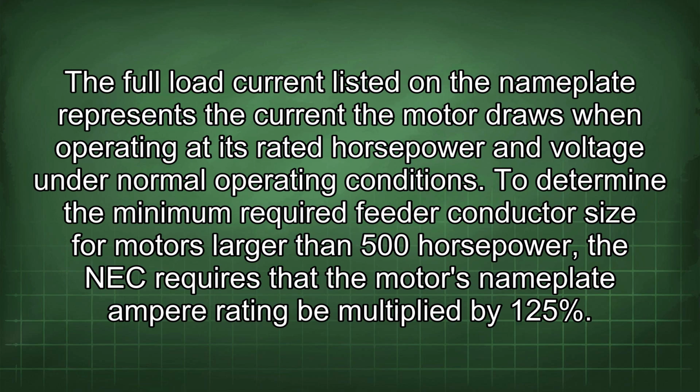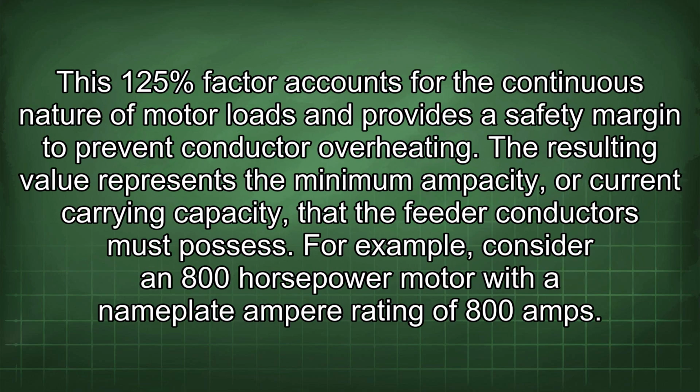To determine the minimum required feeder conductor size for motors larger than 500 horsepower, the NEC requires that the motor's nameplate ampere rating be multiplied by 125%. This 125% factor accounts for the continuous nature of motor loads and provides a safety margin to prevent conductor overheating. The resulting value represents the minimum ampacity, or current carrying capacity, that the feeder conductors must possess.